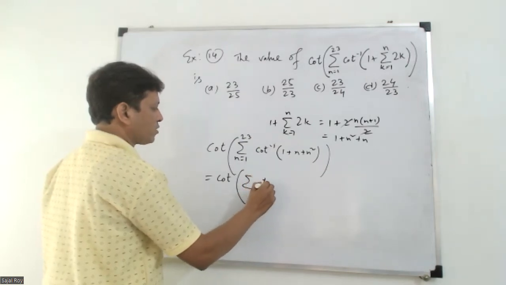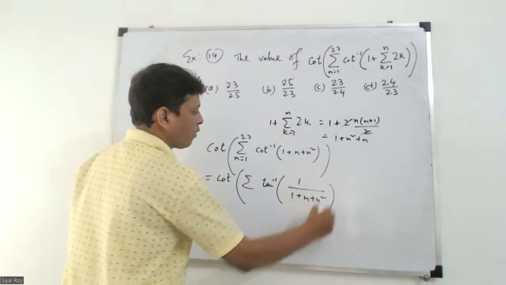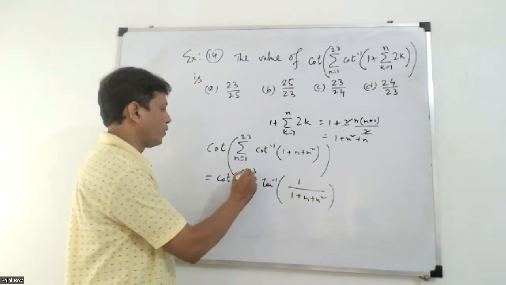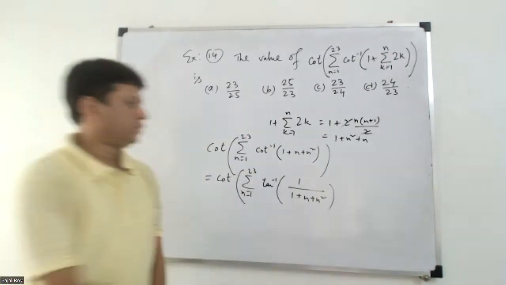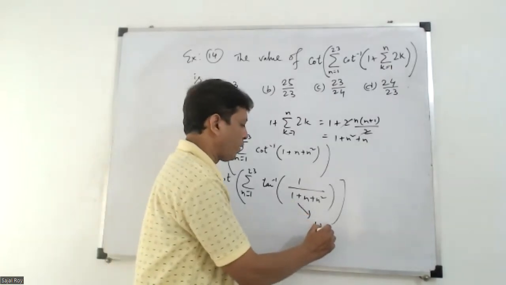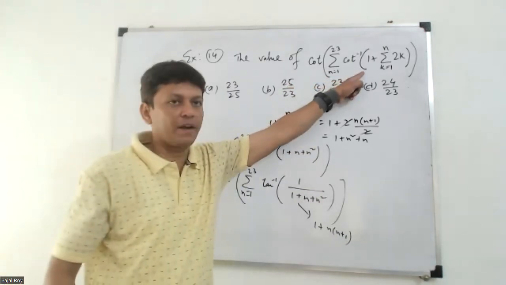Right, tan inverse. Already we have solved this problem. You have to solve from n equal to 1 to 20. Writing the denominator as 1 plus n into n plus 1. Same problem, just the trick is there.